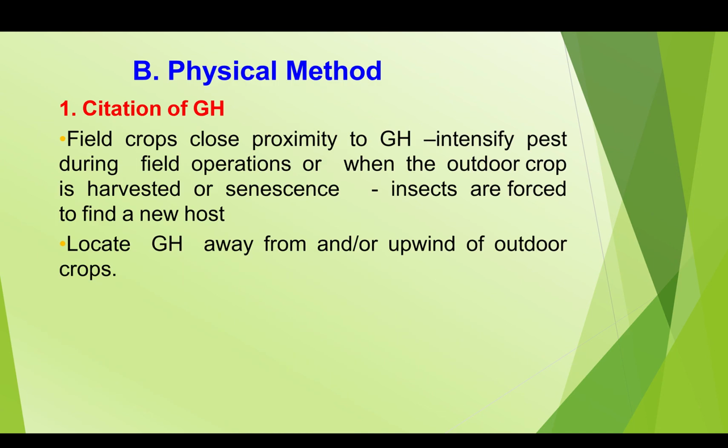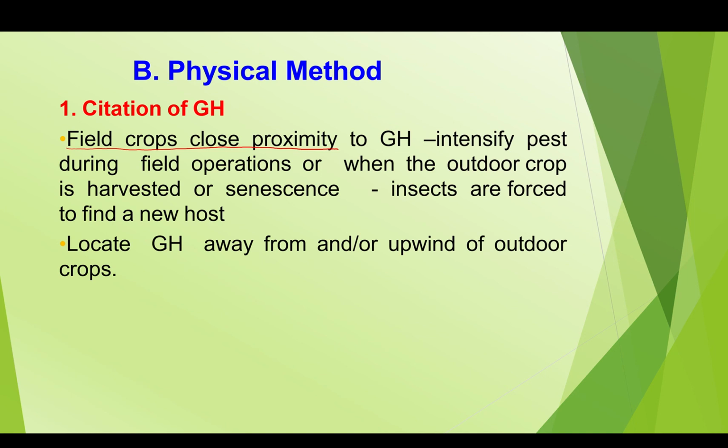Next, physical method. Citing of the greenhouse: the field crops in close proximity to the greenhouse. Nearby the greenhouse there should not be any field crops. Otherwise, what will happen? They will act as host plants. There are more chances of those insects transferring from the field crops to the greenhouse crops.